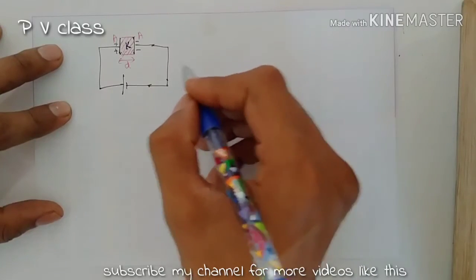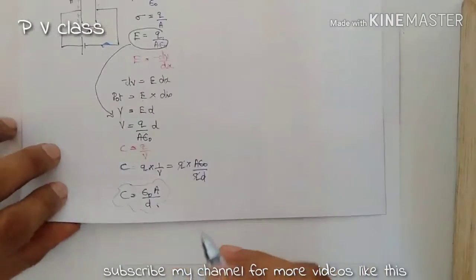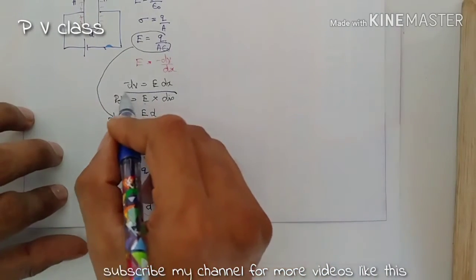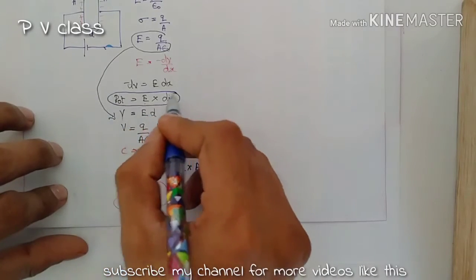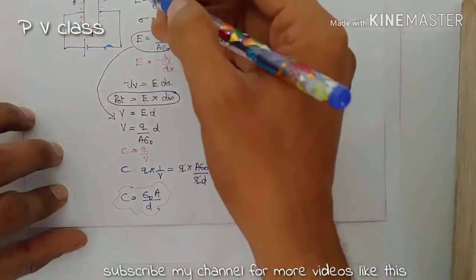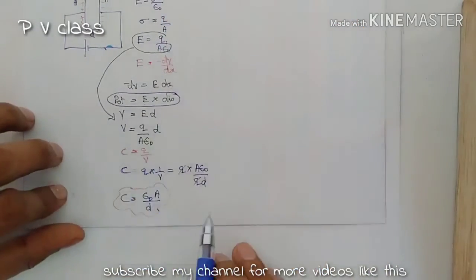That is, we know potential is equal to electric field intensity into distance of separation. As we have proceeded in our previous derivation up to this, I am starting from here.